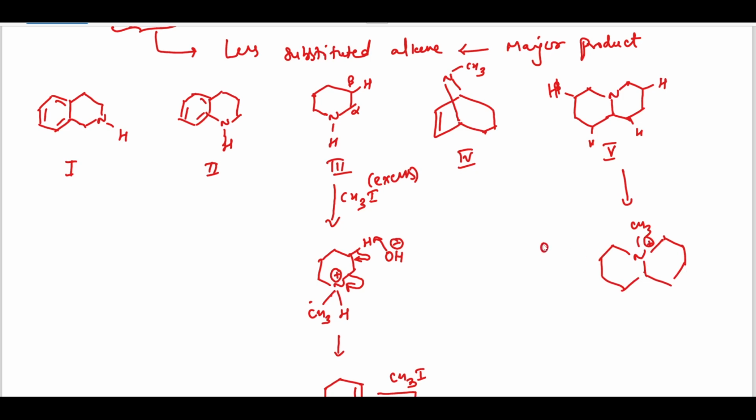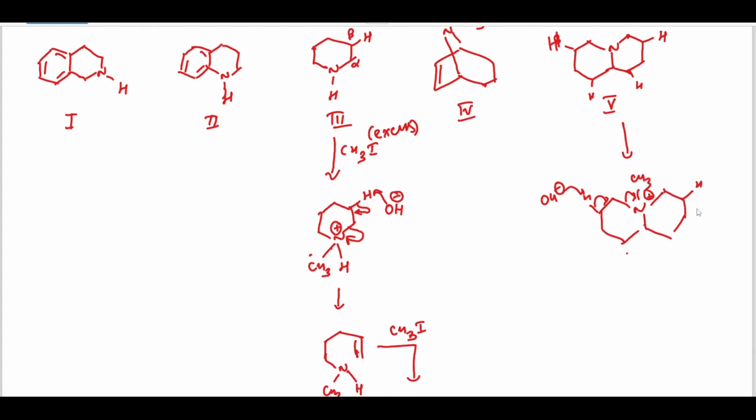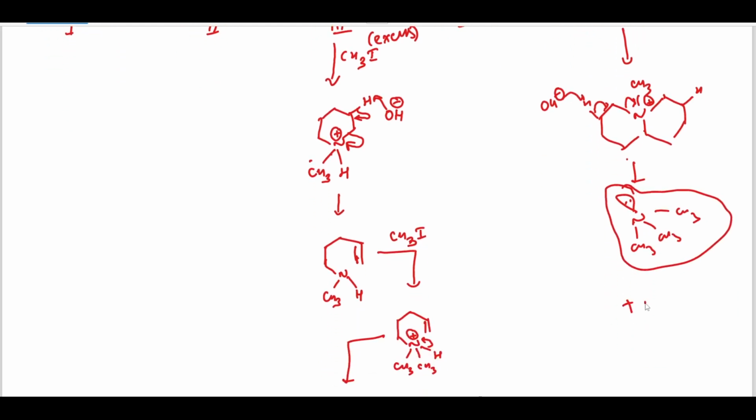Okay. And again this OH negative will abstract this proton. Okay. Similarly, after that you can remove this beta hydrogen, this beta hydrogen. So at the end of this reaction, you will get tertiary methylamine as one of the product in addition to your alkene as your major product.